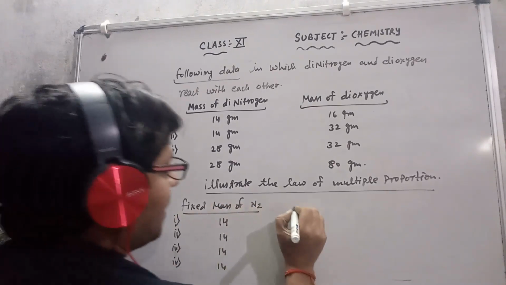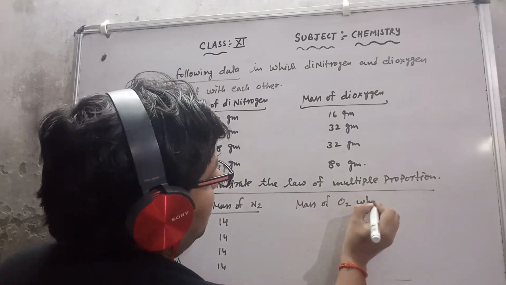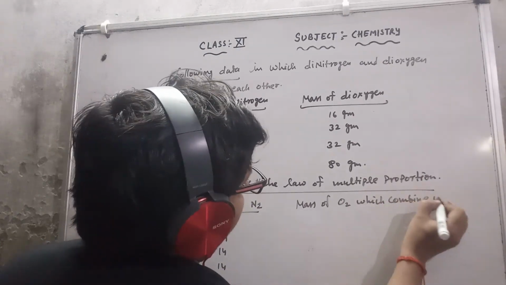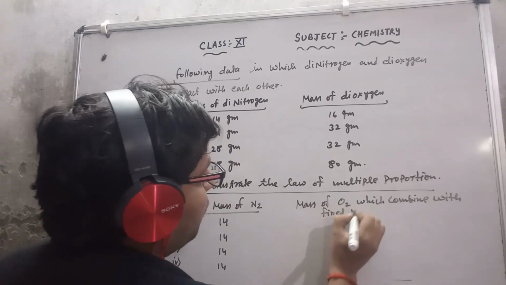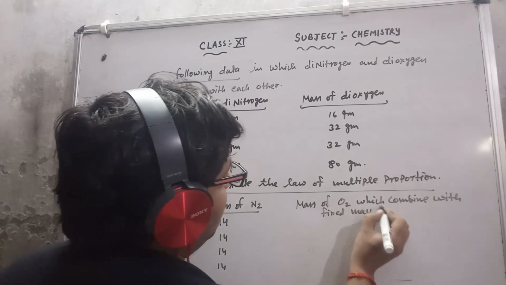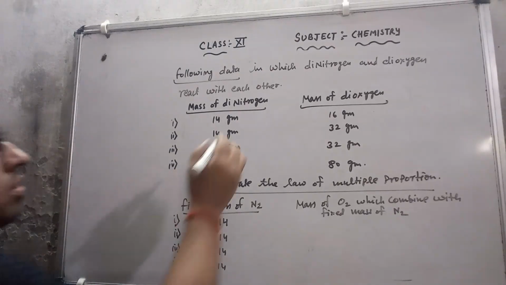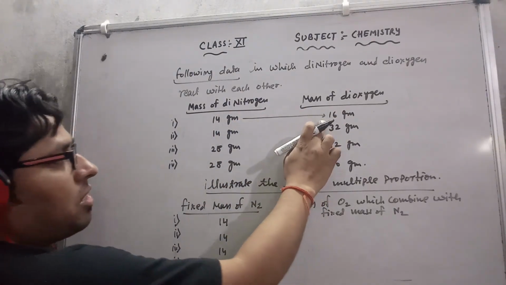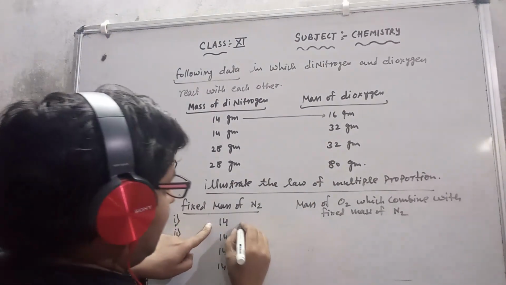Now, what is the mass of oxygen which combines with the fixed mass of N2? 14 gram of nitrogen combines with 16 gram of oxygen, so how much oxygen is needed here?